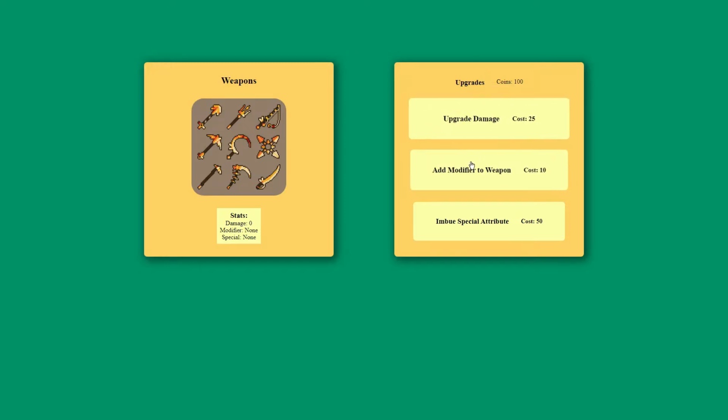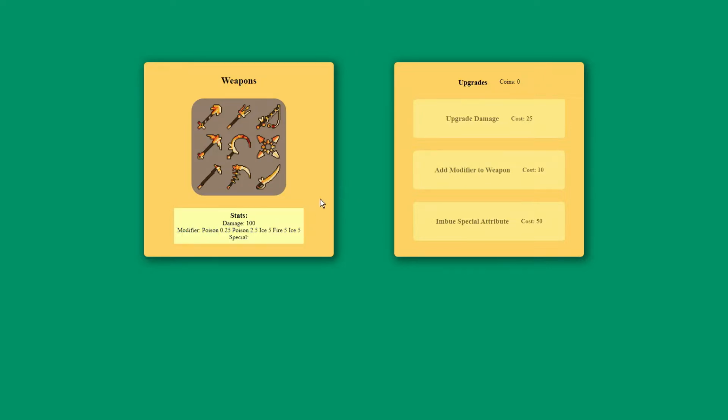We have these different options on the screen, and we have a specific amount of coins, so we can upgrade the damage. As you can see, once we've upgraded the damage, we are not able to choose the other ones, or we can add on modifications, like now we're adding specials like poison, ice, fire.